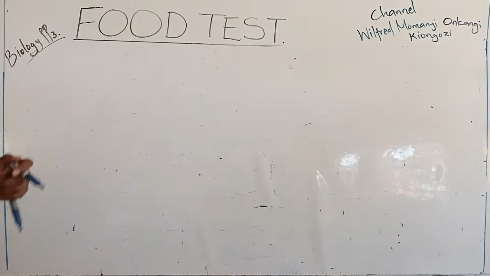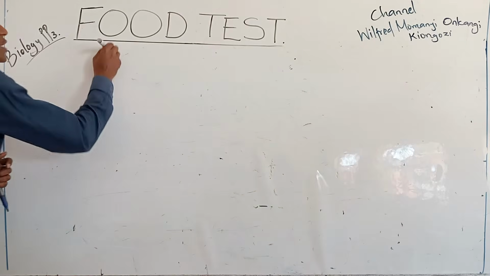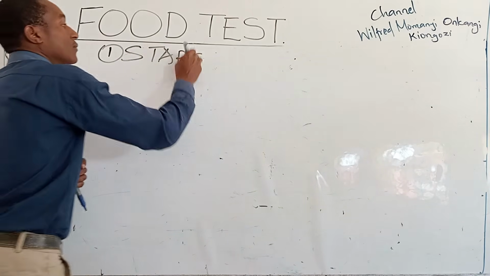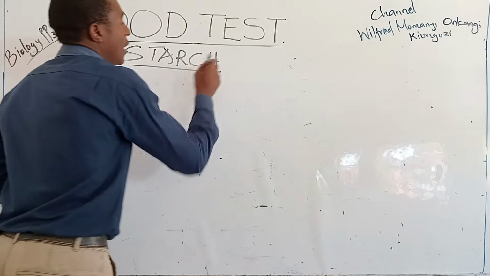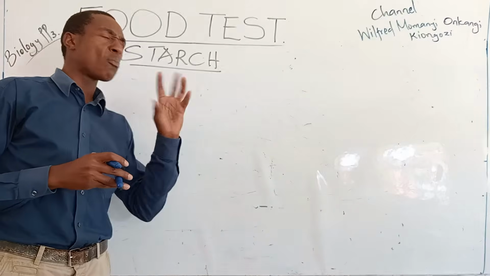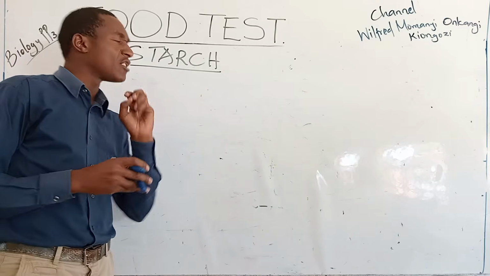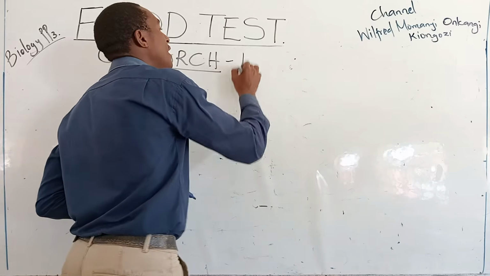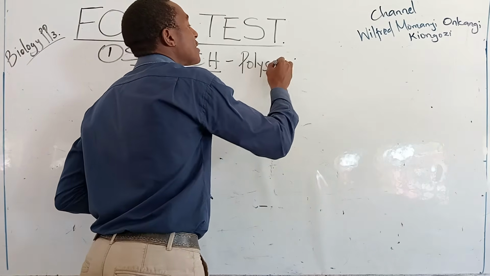So the first food, let us start with starch. From the chemical compounds of life that you did in Form 1, starch is a type of carbohydrate. We call it a polysaccharide.